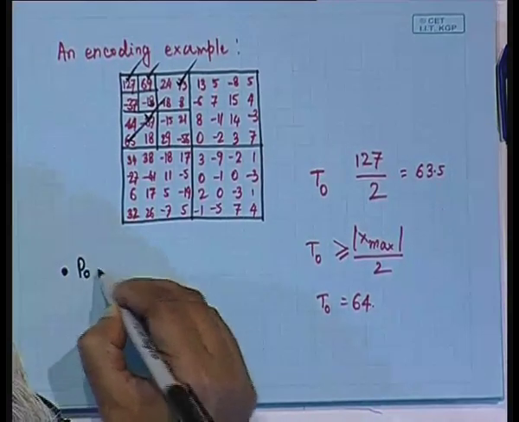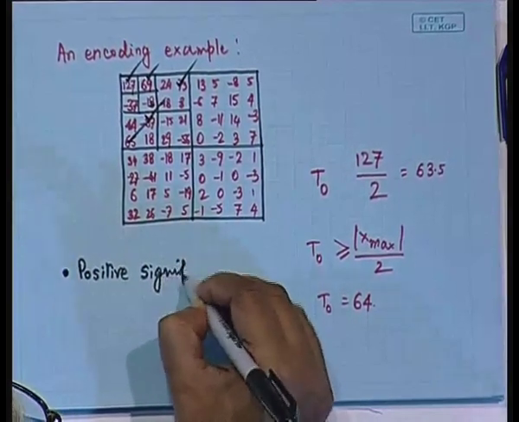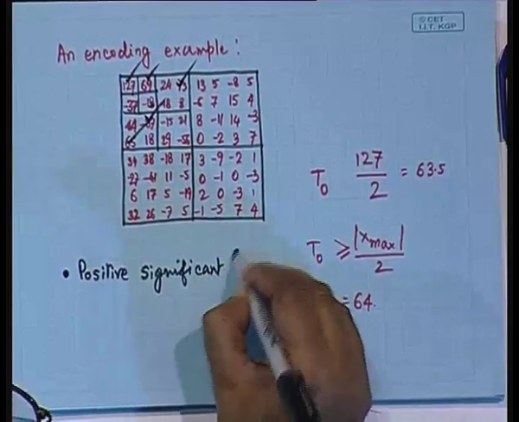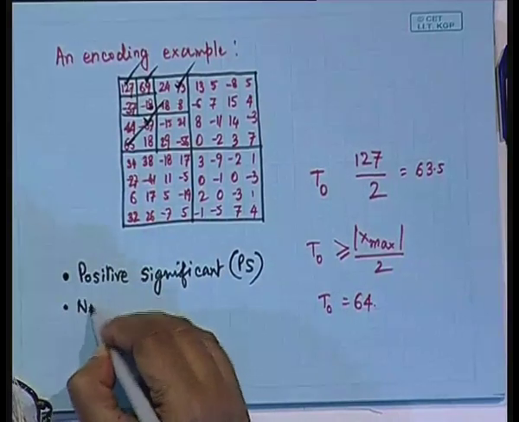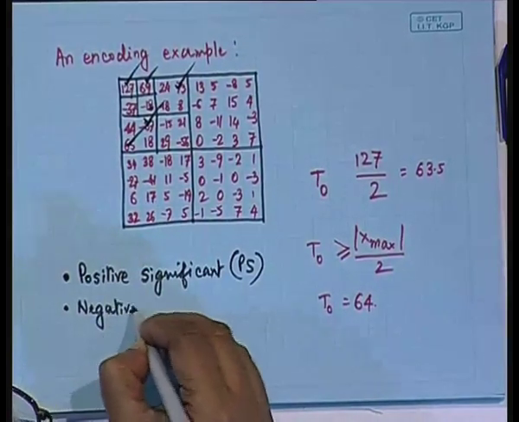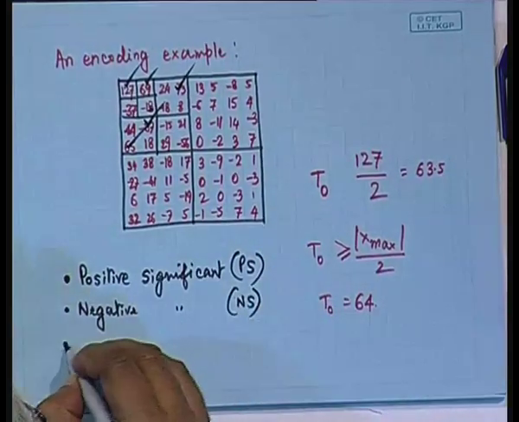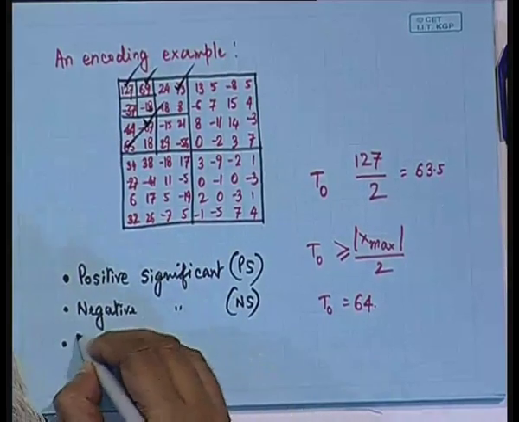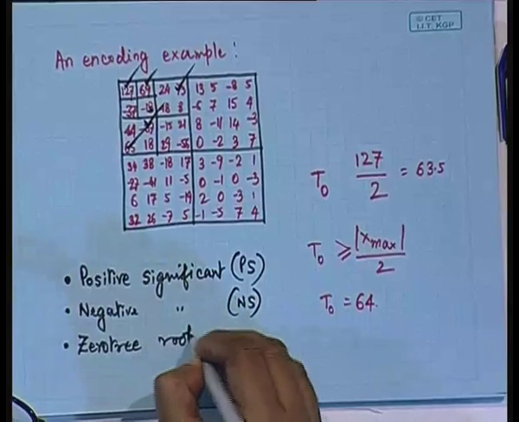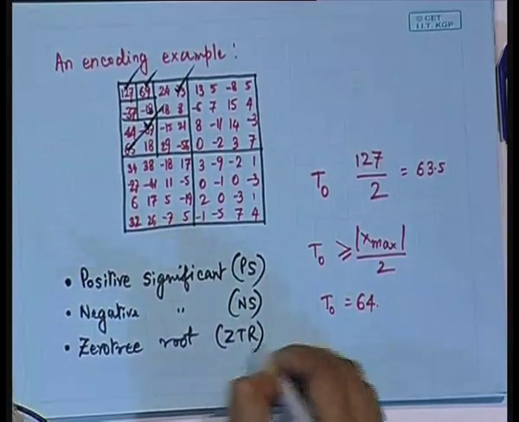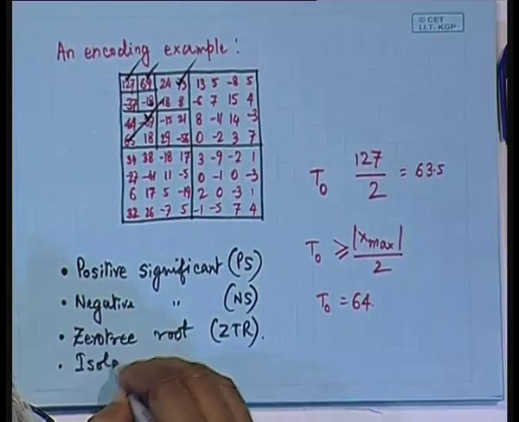It could be positive significant, let us say P S. Then coefficients could have negative significance. So, this could be negative significant, N S. This could be 0 tree root, ZTR, let us call, and it could be isolated zeros, IZ.